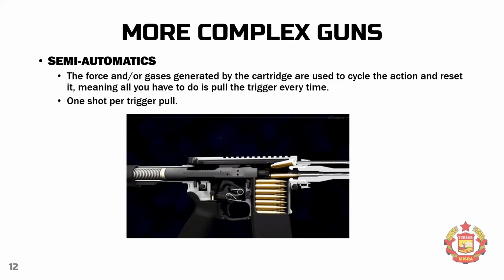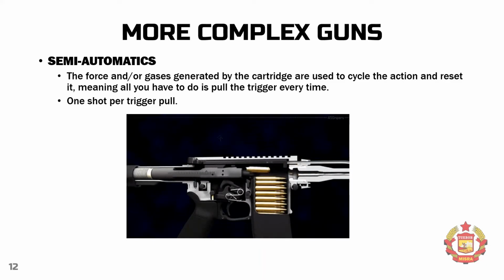There are slightly different systems to this, long stroke gas piston, short stroke gas piston, there's direct impingement, but it all operates on essentially the same principle, is that it uses the gases from the cartridge that was just fired to cycle the action and load the next cartridge.